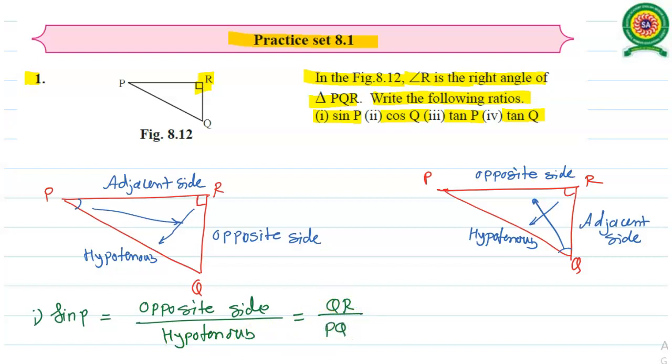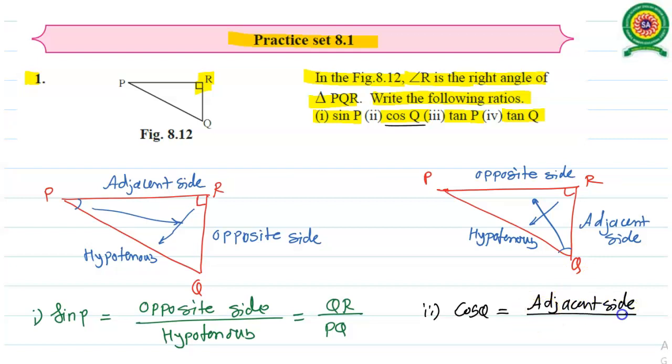On the same basis, we evaluate the second ratio, the cosine of angle Q. Cos Q equals the basic formula for cosine, adjacent side divided by hypotenuse.